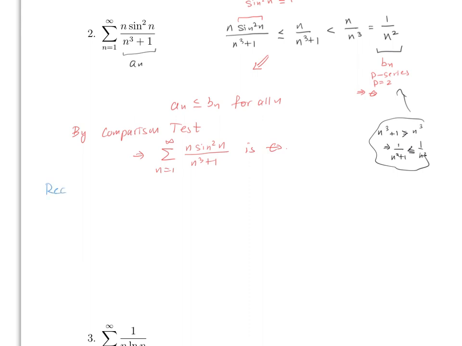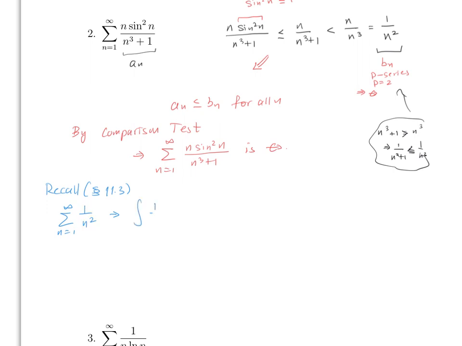So recall, this is section 11.3. Let's say that you want to check whether this is convergent or not. So you use the integral test. Clearly this is positive and this is decreasing.